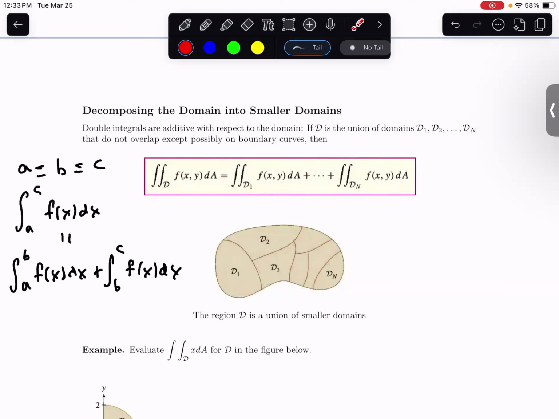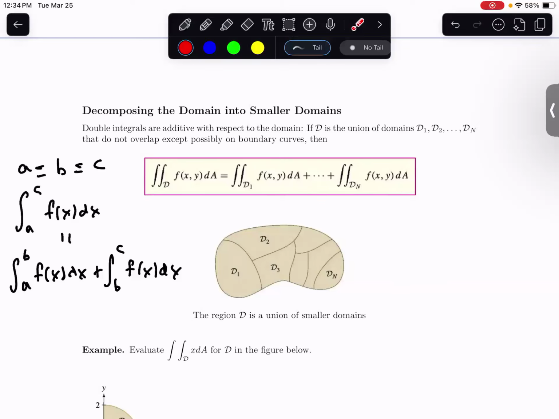So this double integral over the entire domain is the same as the sum of the double integrals over these smaller regions. We're making the assumption that D is the union of D1, D2 up until Dn, and that they don't overlap except possibly on the boundary.